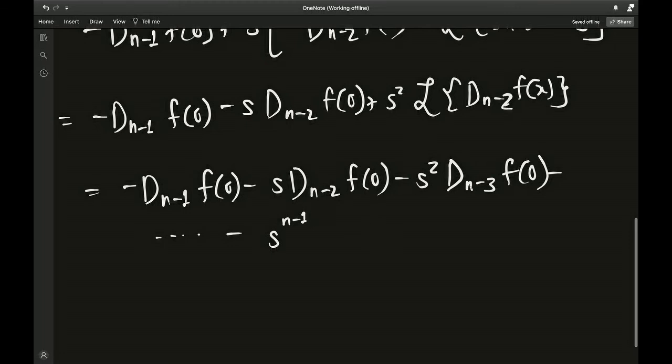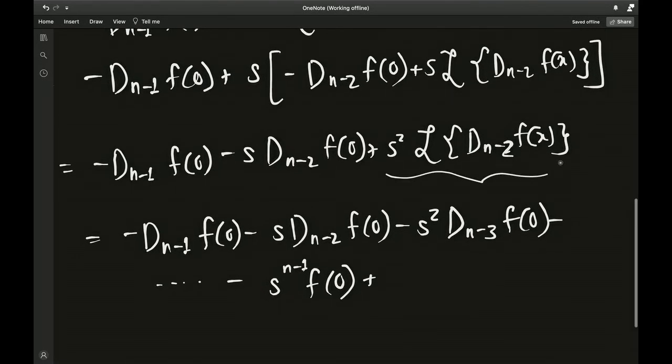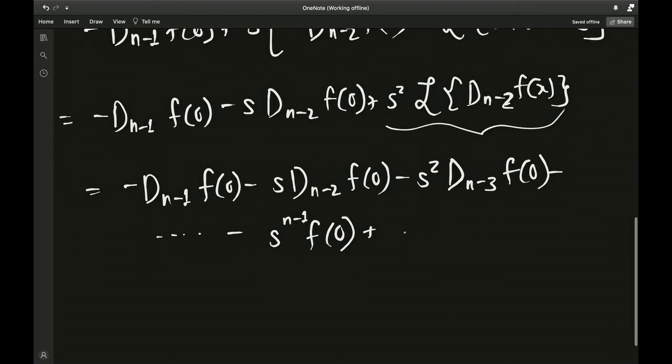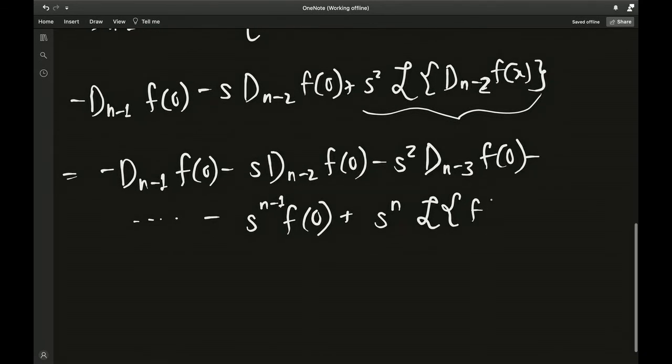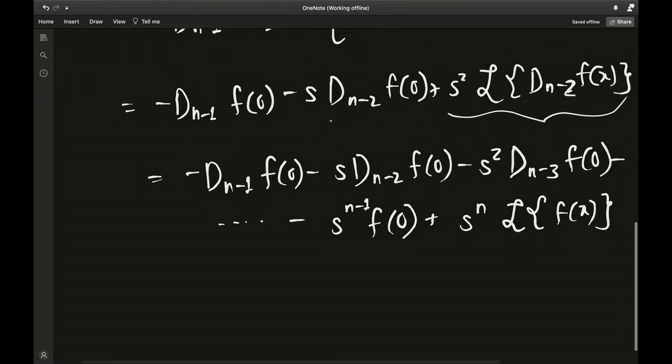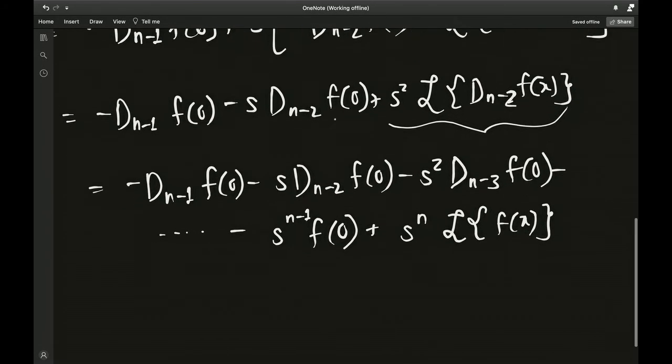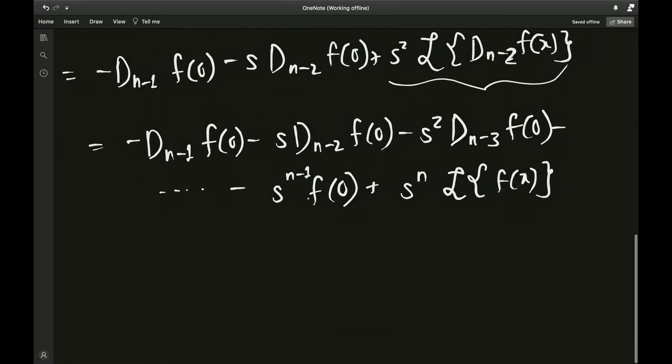If we did this n times, the 0th derivative is just the function itself at 0, plus the last part, s to the n times the Laplace transform of the 0th derivative of f of x, which is just f of x itself. It's just a matter of seeing the pattern. If you don't understand, you can pause the video if you want.